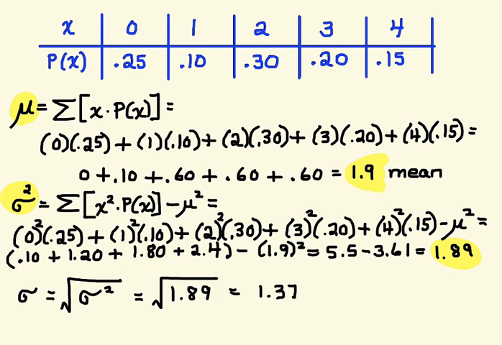So let's end it at 1.37, and there I have it. I found my mean, and my mean is 1.9. I found my variance, and my variance is 1.89. And I found my standard deviation, 1.37. And this should help you out with your homework. And this concludes Lesson 1.